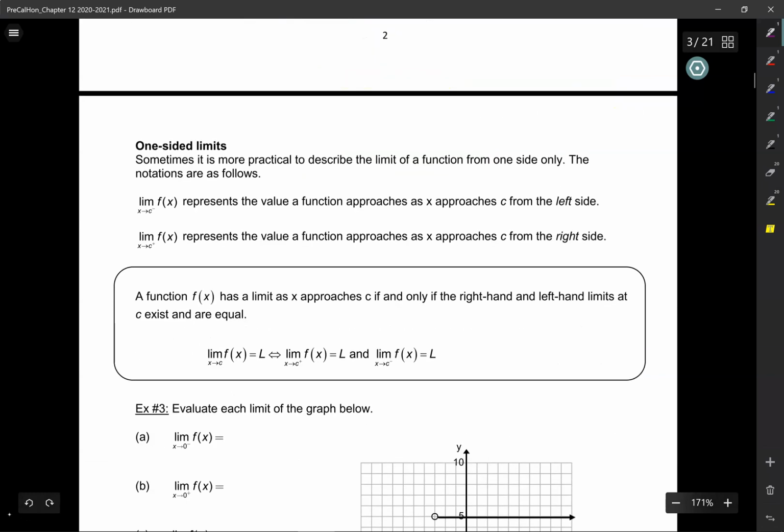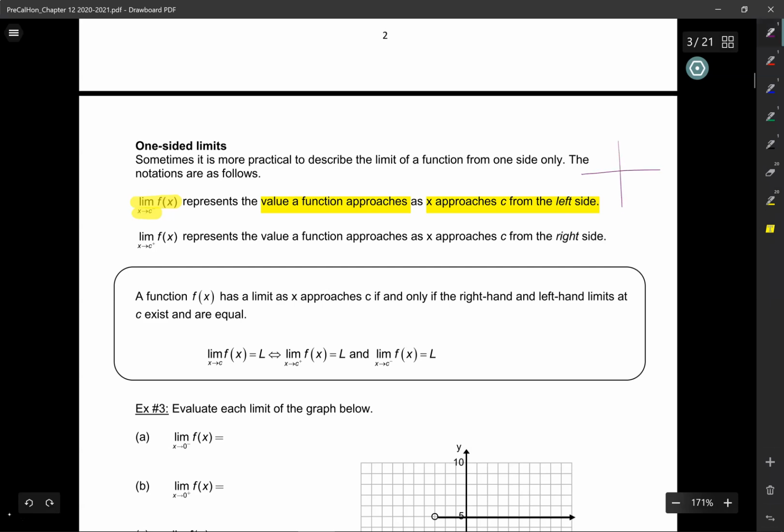Okay, let's move on. One-sided limits. Sometimes we just need to look at what the function is doing from one side only, right? And so in that case, the notation that looks like this, the limit of f of x as x approaches c from the minus side, is the value a function approaches as x approaches c from the left side, right?